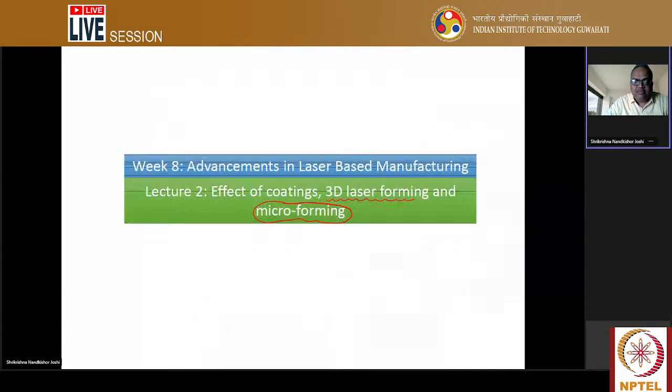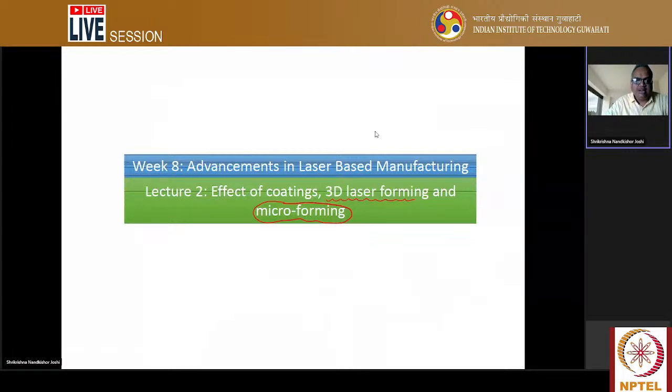Then we have also seen various other applications like microforming using lasers and the effect of coatings. It's very essential because lasers have some limitations for reflective surfaces.